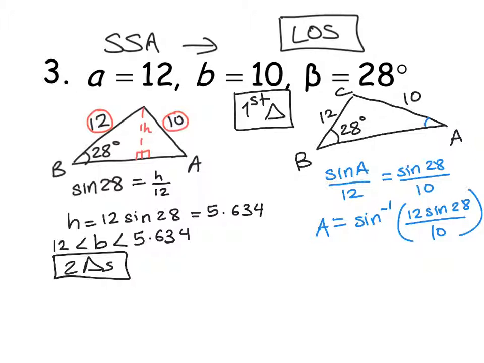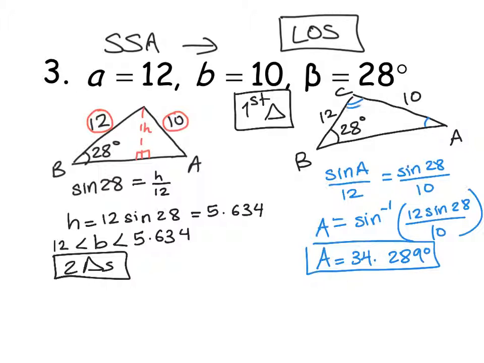So put that in the calculator, do inverse sine, 12 sine of 28 over 10, and that gives me 34.289 degrees. So I just found angle A.